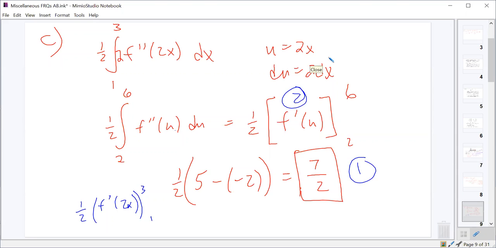If you just do the u substitution in your head, which is normally what I would do, just make sure you don't screw it up. Just be careful with it. But no, you don't need to show it. In fact, I don't think they even showed it. Yeah, they didn't show it in their scoring guidelines. Any other questions on that one?